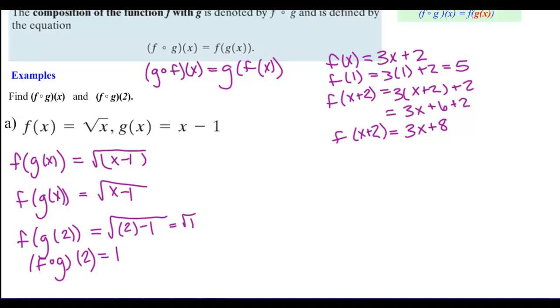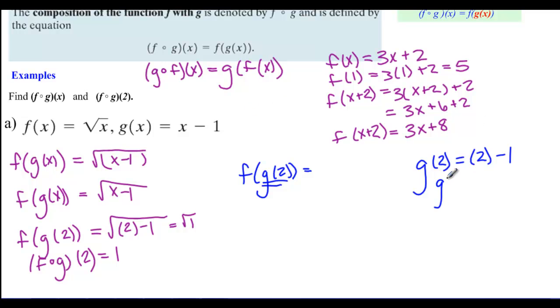Another way to do it, if we were to walk through, and again with the idea of order of operations, so f of g of 2, if we start in the middle, this is saying do g of 2. g of x says take whatever you plugged in and subtract 1. So g of x is saying take x, subtract 1.